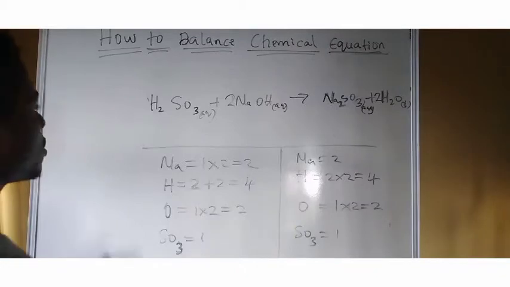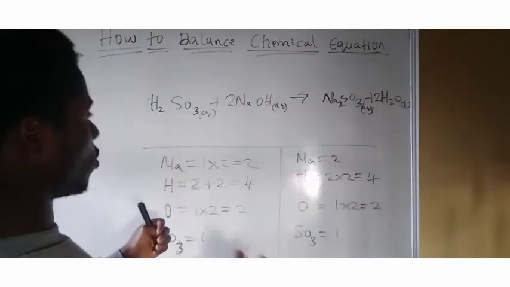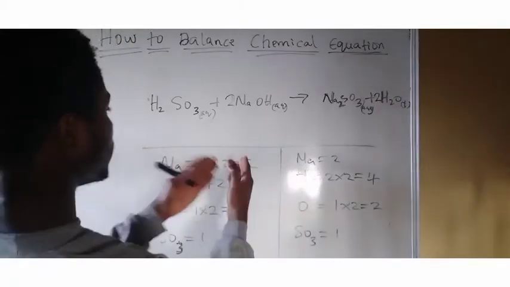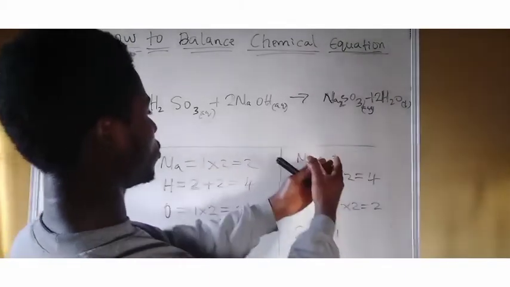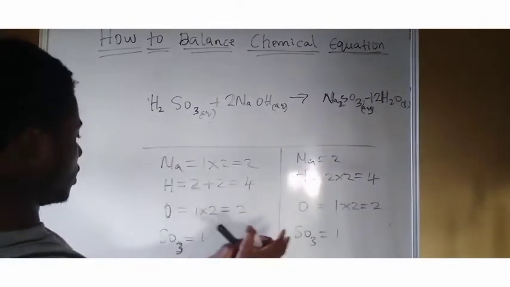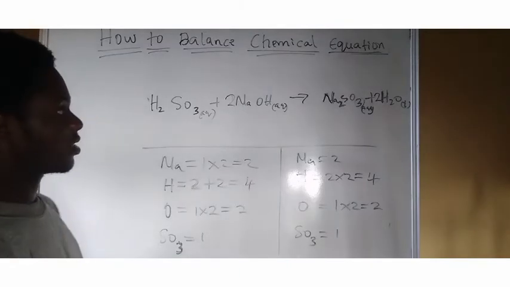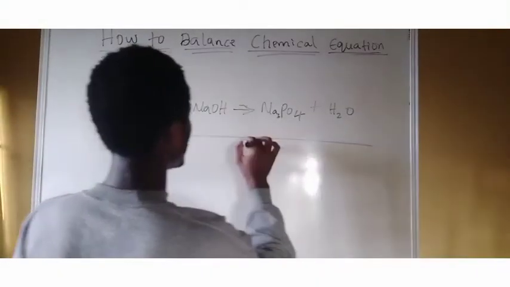So now our SO3, we have equal atoms of various elements on both sides of the equation. So now we have 2 atoms of sodium on this side of the equation and 2 on this side, 4 hydrogen, 2 oxygen, and 2 oxygen. So this equation is therefore balanced.